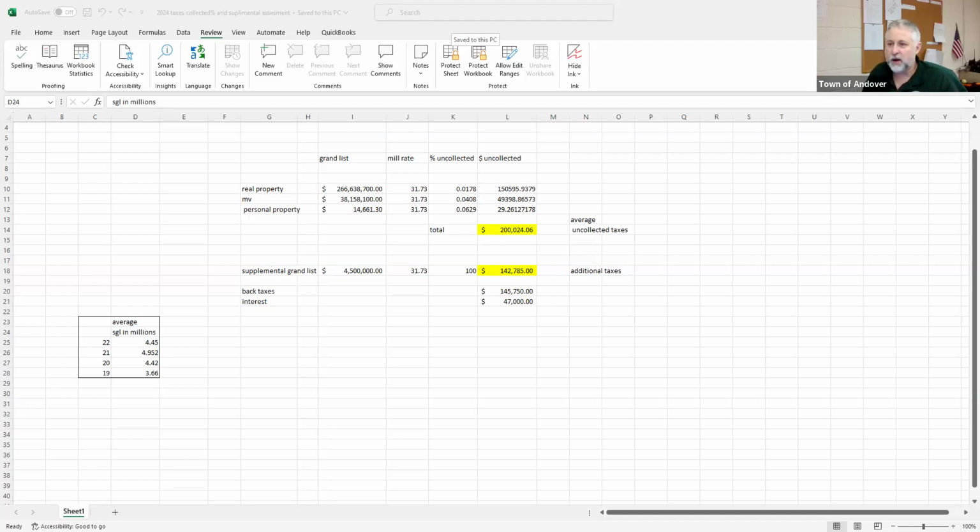So the last full year, the year we just finished the audit on, we had $200,000 in uncollected taxes, but we got back $142,000 in the supplemental grand list. So they don't quite balance each other out, but most years, plus or minus 20,000, they tend to balance each other out.